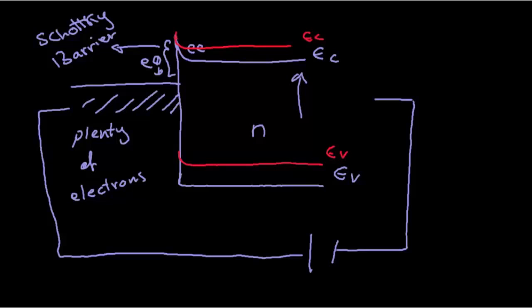And it goes up because we are putting more negative charge here. Because of this, the electrons here are going to move to this side, and that is because of thermionic emission. This process, the moving of the electrons over the barrier, we are calling thermionic emission.